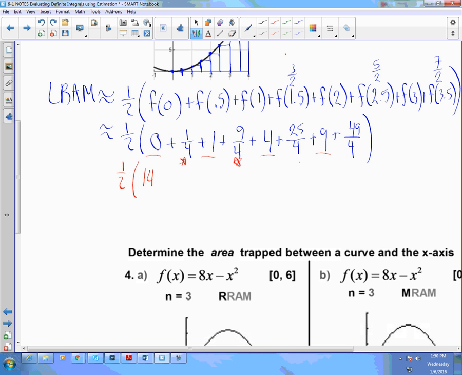So use your calculator. 10 plus 25 is 35. Okay, careful. 35 plus 49. So it backs out nicely, and the 84 divided by 4 nicely is 21. So 14 plus 21 has to be, with the approximation symbol, 35.